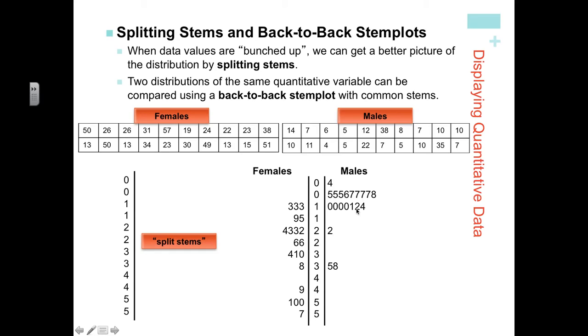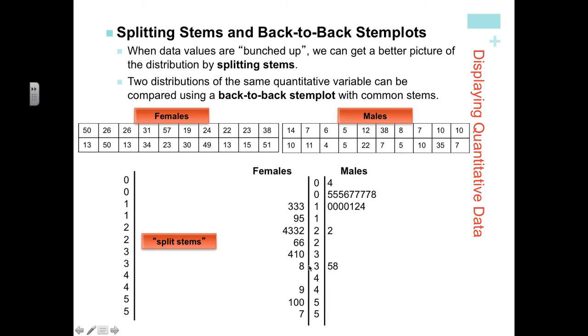Now they're kind of red. Here's 1, 3. So 13, 13, 13, 15, 19, 22, 23. And then the flip side is on the males. Here's 4, here's 5, 5, 5. Here's 10, 10, 10.